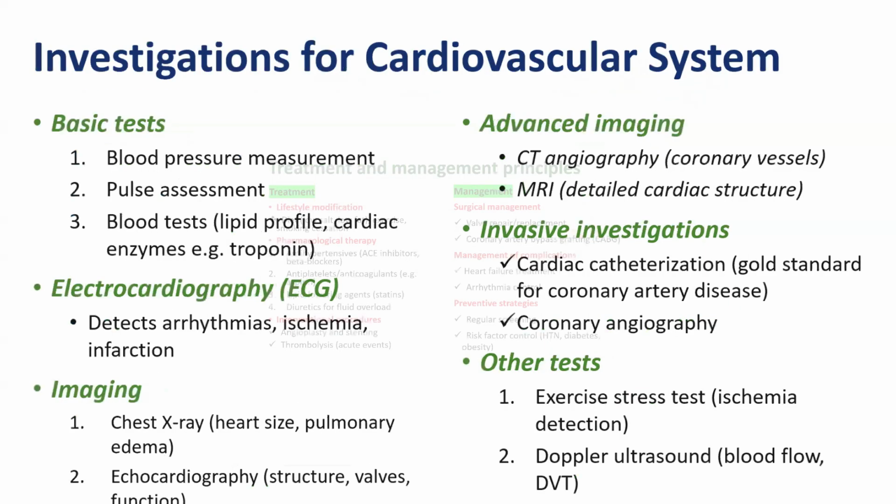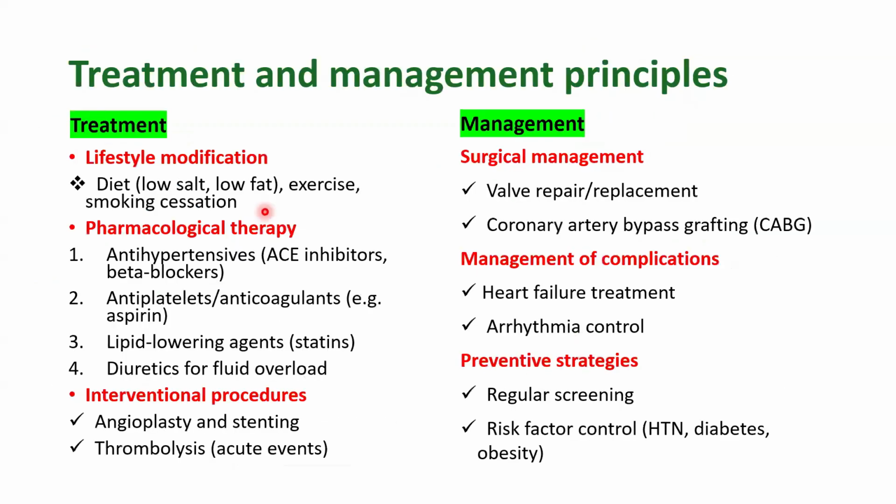Treatment, of course, starts with lifestyle modification, as you can see here. So diet, eating low salt foods, low fats, you exercise well, you avoid smoking, you avoid alcohol, then you take drugs according to the pills that you have. So pharmacological therapy: if you have hypertension, you take antihypertensives. If you have any issue with coagulation, you take antiplatelets.